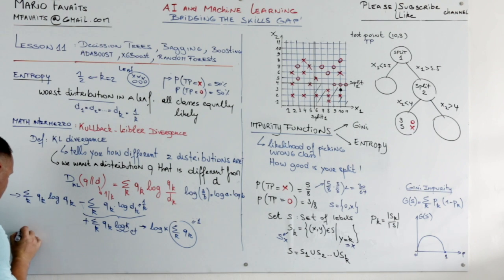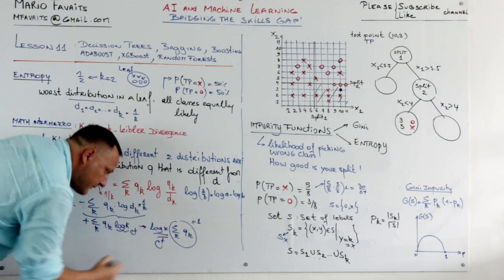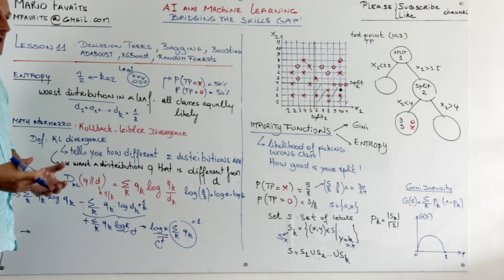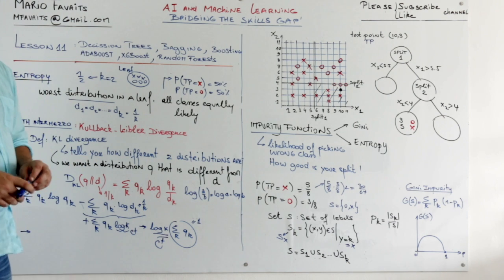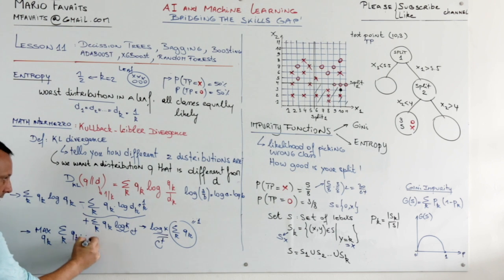So that means that we have a constant here. This is also a constant, and we can actually drop this. If we minimize or maximize a function, the constant will not have any influence. So we actually want to maximize over qk the sum over k of qk times log of qk.